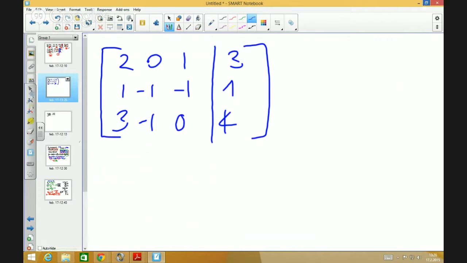Okay, so this is the matrix that we want to turn using the Gaussian algorithm into row echelon form. Okay, so what does the algorithm say? Start looking, find the first column where you find a non-zero entry. Well, that's easy, it's the first column.